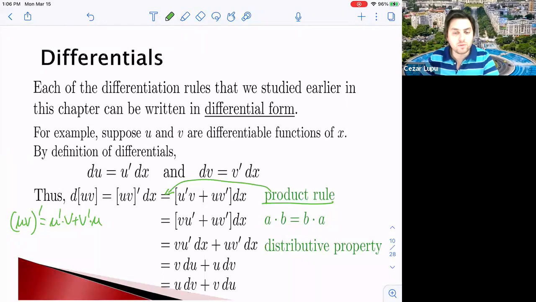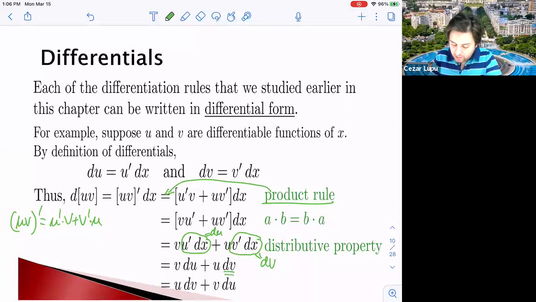And now we will use the distributive property of dx. So we'll pass dx along each term. This will give us v u prime dx plus u v prime dx. And now, as you can see, u prime dx is du, and v prime dx here is dv.